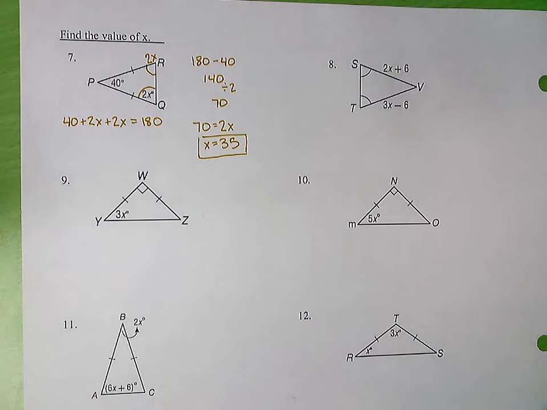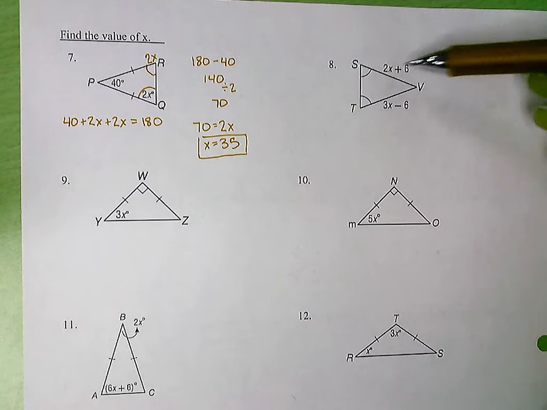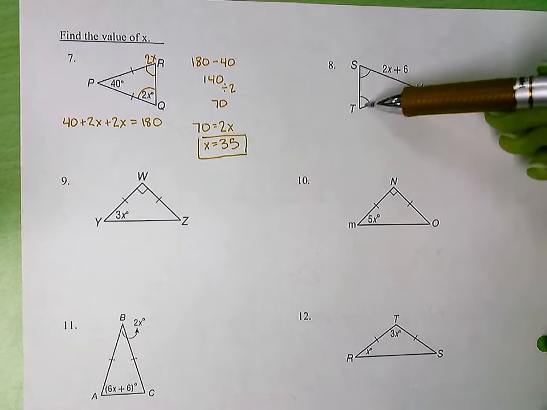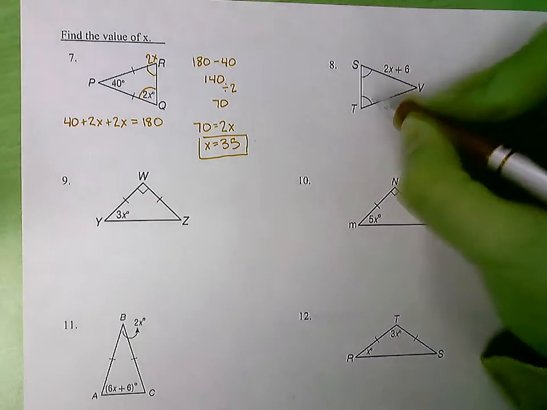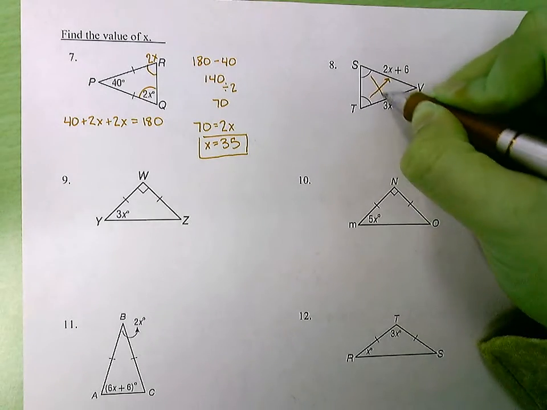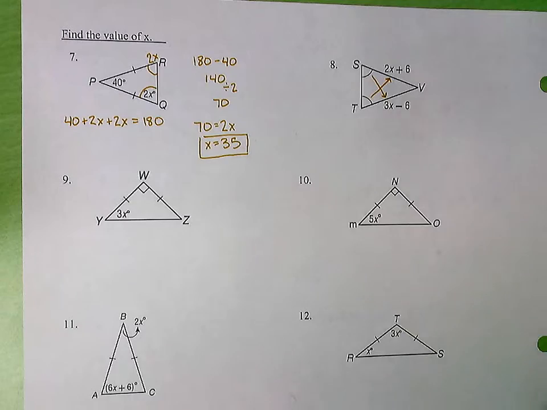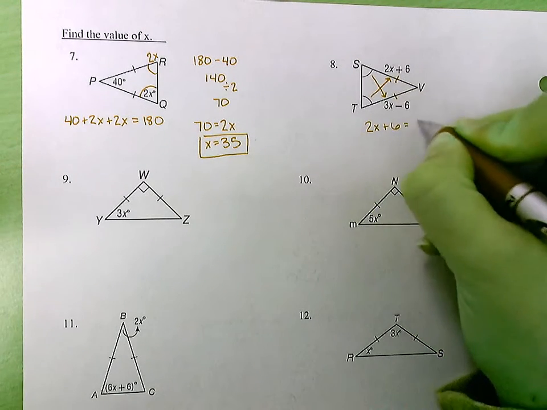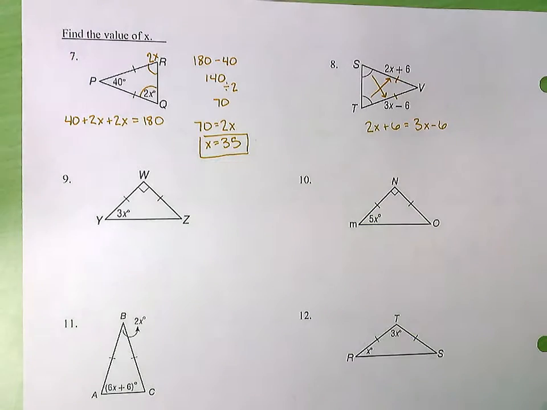All right, number 8. So we have these two sides here, and we have these two angles. Okay, angle T is congruent to angle S, so their opposite sides must be congruent. Since those sides are congruent, I can set those two equations equal to each other.